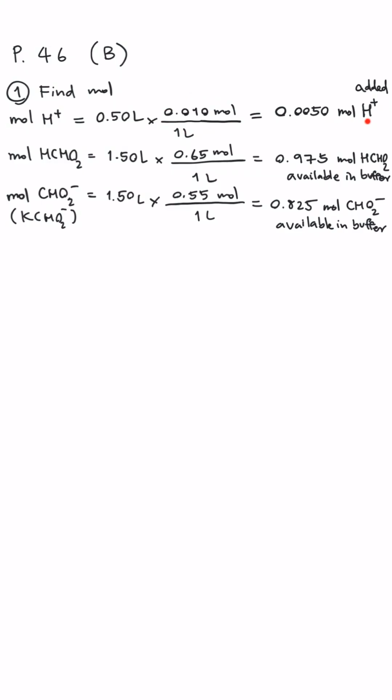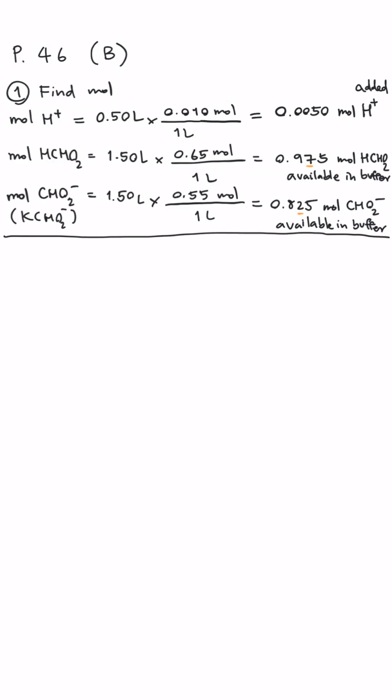You will get the mole that is available for each of those. After the calculation, you will see that the number of mole of the added proton from the strong acid would be 0.0050 mole, and the number of mole from the weak acid available in the buffer would be 0.975 mole, and the mole of the weak base available in the buffer would be 0.825 mole.